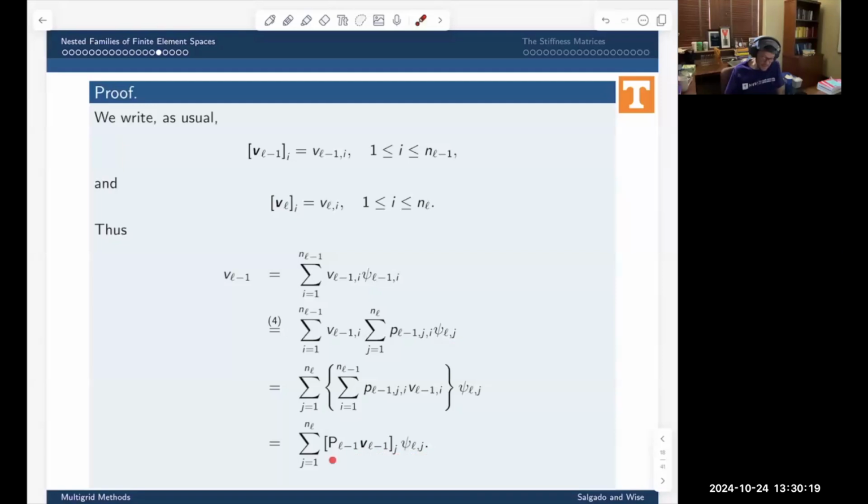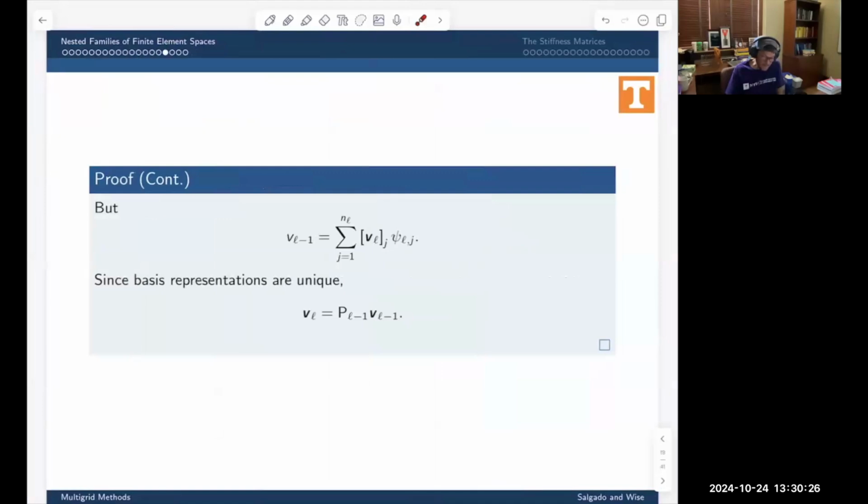So these are the coordinates of that vector, boldface v_L. That's what I'm doing there, just replacing that with that fact. That tells us that vector is equal to that matrix vector product. And this all results in the fact that all basis representations are unique. If we're really dealing with a basis, then we're done.